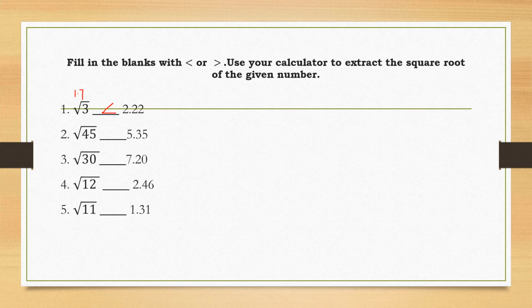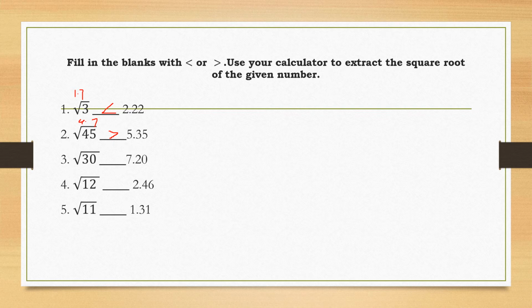And then we have the square root of 45. The square root of 45 is 6.7, or actually 6.71, so we can use 6.7. And 6.7 is greater than 5.35. So that is how we compare, no? So this is what we call less than, and this is greater than.